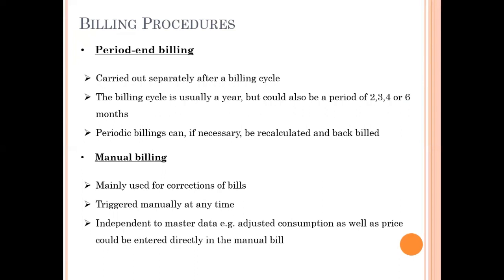And once the period end billing is generated, it's very difficult to go back. Okay, a periodic billing can be generated sequentially, and you can recalculate it, but period end billing is mostly done after a financial year end. Okay, and to do the recalculation of back bills.